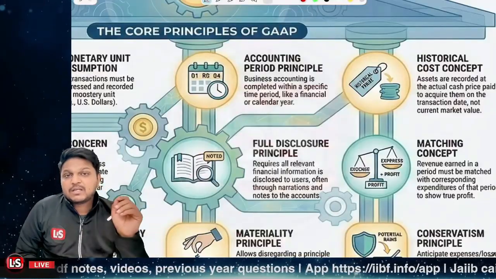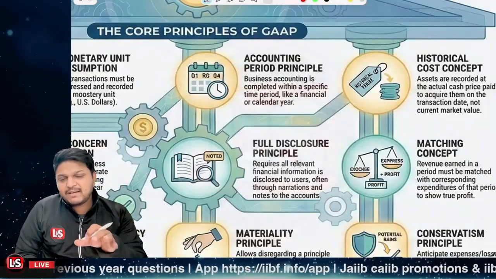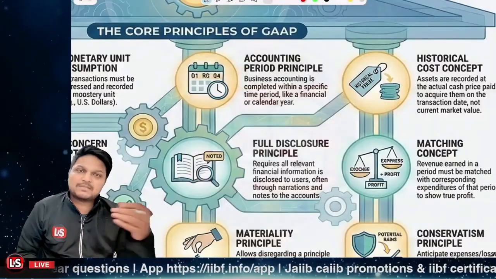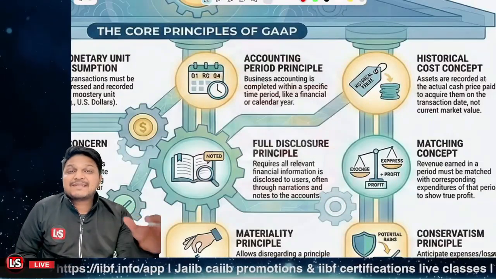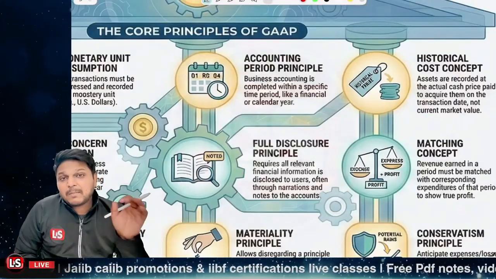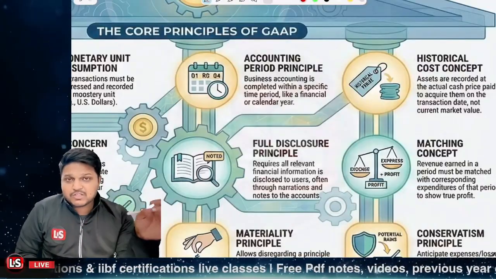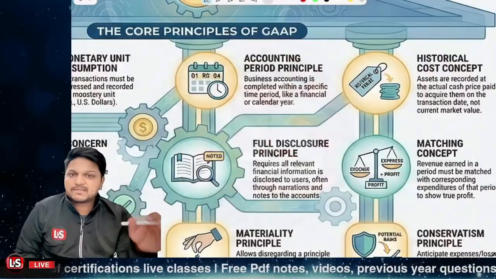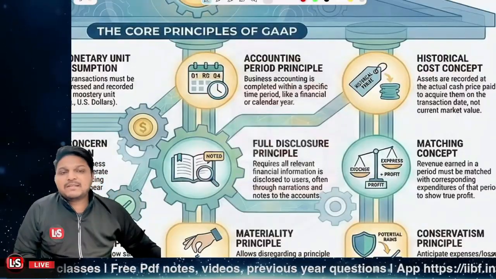So we'll consider the 9 months' rent paid in advance as a prepaid expense, and that will be presented as an asset. Whereas the amount for this financial year, the 3 months January, February, March, will be considered an expense. Is that clear? So that's the accounting period principle.